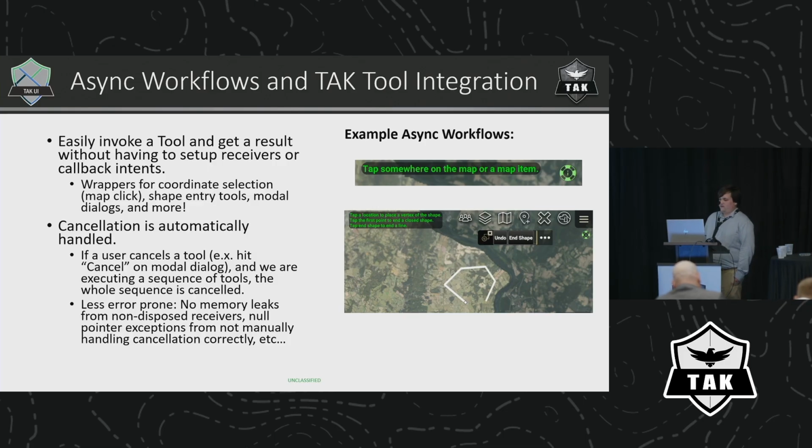Basically, the default behavior is if you cancel something in a sequence of asynchronous actions, it'll automatically short circuit and cancel the entire thing. So it's a lot nicer to work with, a lot less error prone. It also makes the code a lot easier to read because it's a lot easier to see what the control flow is of your application rather than having your business logic spread around all throughout your application in these different callbacks.